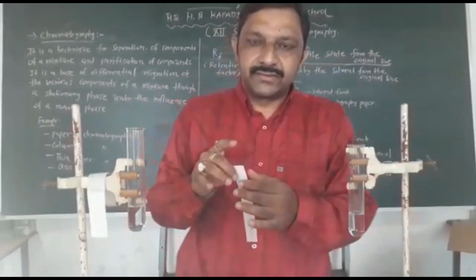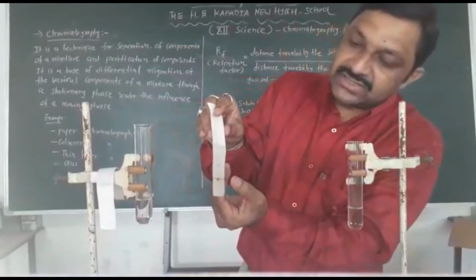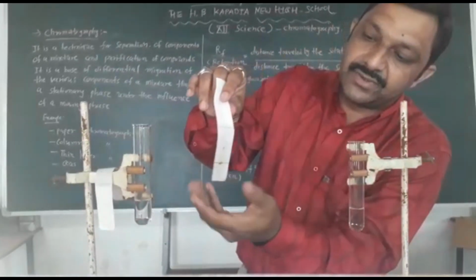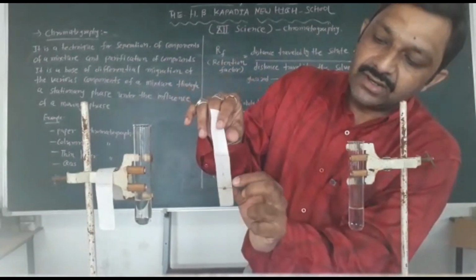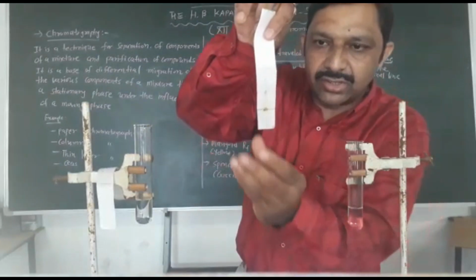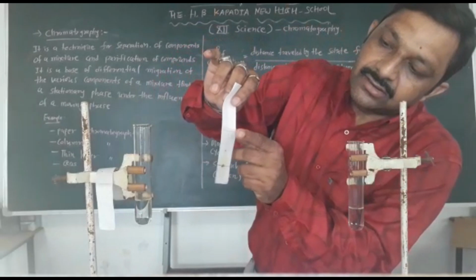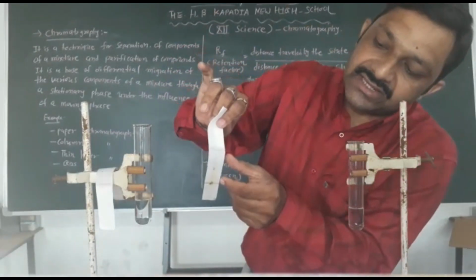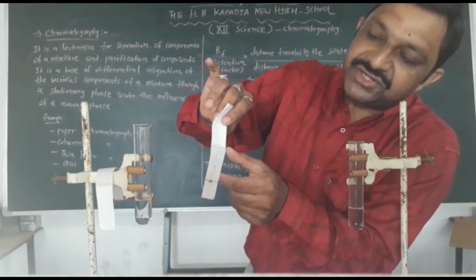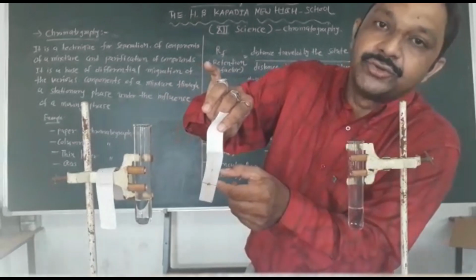Now listen. After some time the solvent has risen up. Now here is your original dot, and this is your marigold. Underline the solvent front. Here is the centimeter of solvent and here is the centimeter of solute.